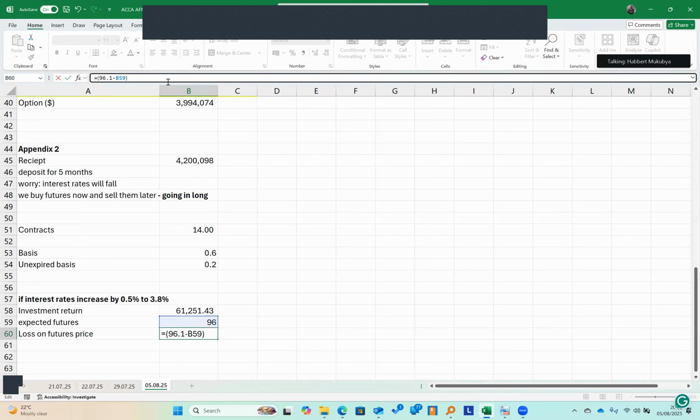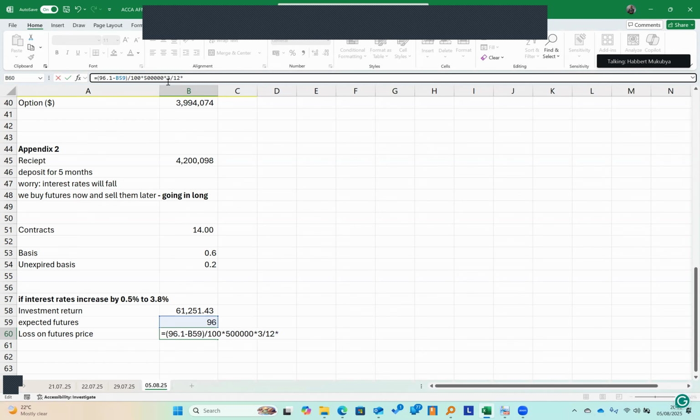Okay, divide them by 100. Then we can multiply them by the contract size, 500,000. And they are, remember, for 3 months out of 12. And there are 14 contracts that we have bought. Okay, so that gives us the loss on the futures price.